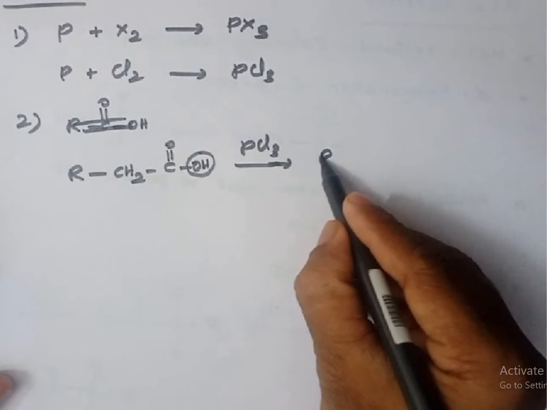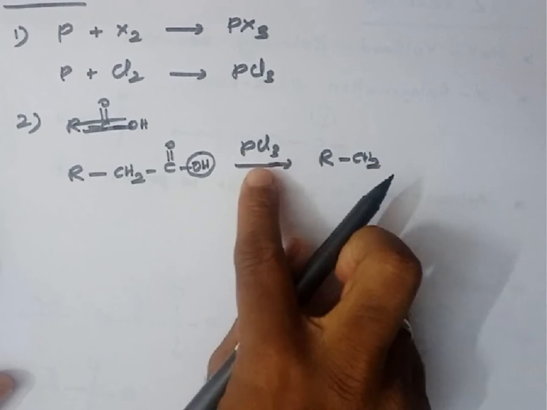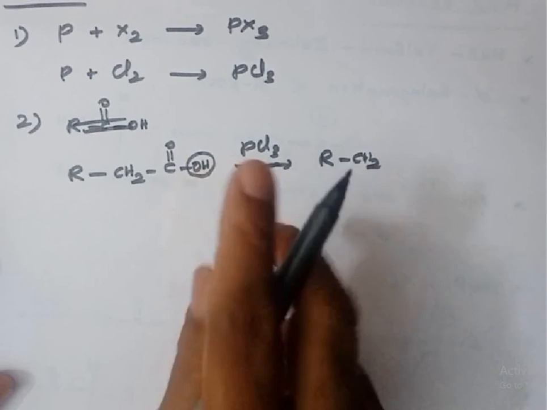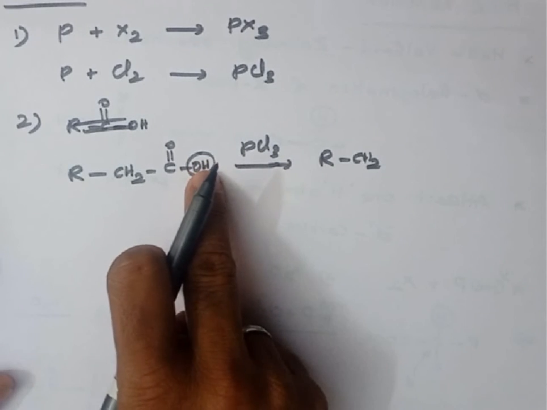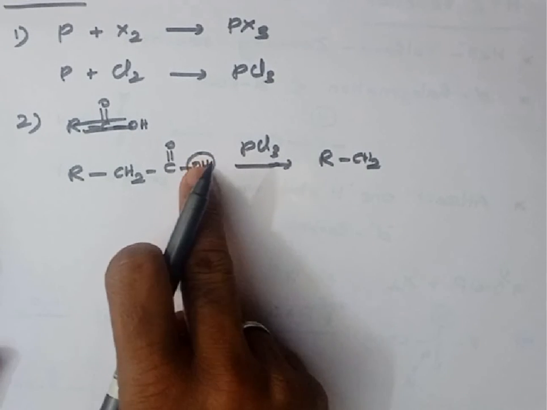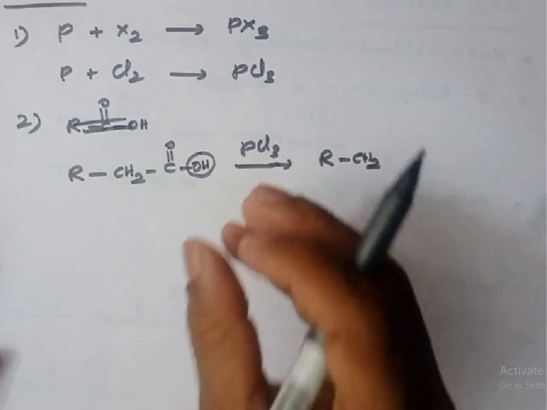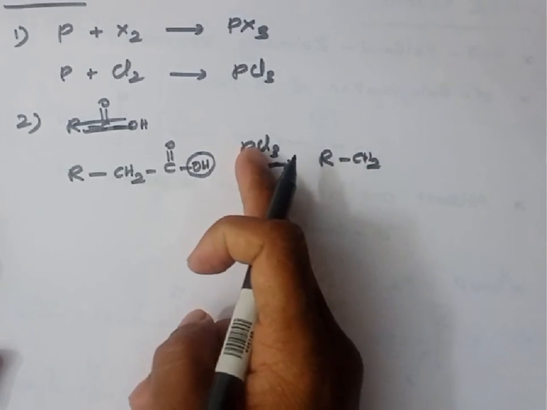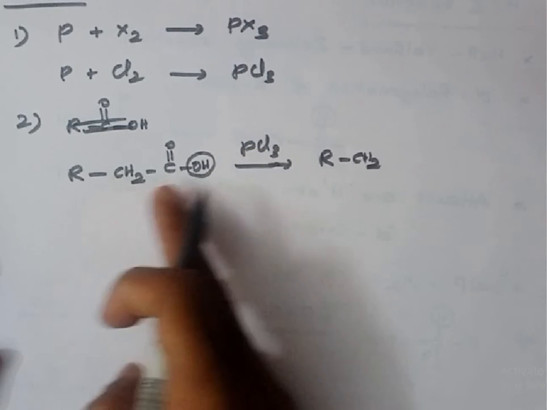This reaction is well known. PCl3 will replace an OH group by chlorine. This OH group may be present in alcohol or carboxylic acid, whatever it is. If you have an OH group and you want to replace it with chlorine, then this is the best option.